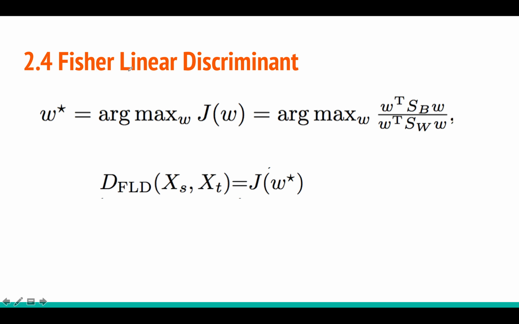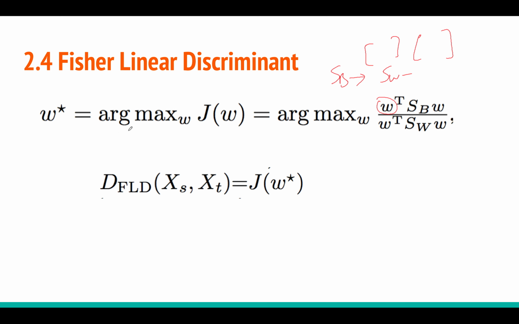And coming to Fisher linear discriminant analysis, I don't have to explain this to you because many people will know about LDA. Let's say you have data and you compute SB, which is the between class variance, and SW, which is the within class variance. These are covariance matrices, and you find a W which separates these two classes very well, right?